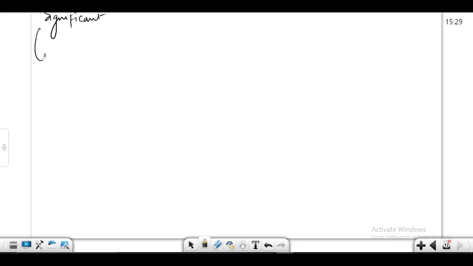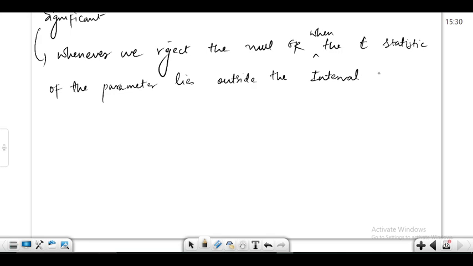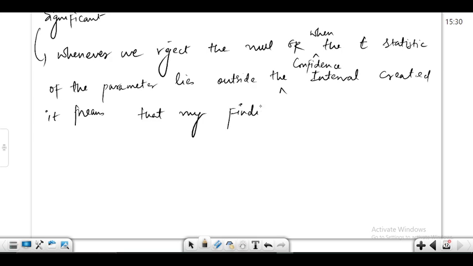Whenever we reject the null, or when the t statistic of the parameter lies outside the confidence interval created, it means that my findings are significant.